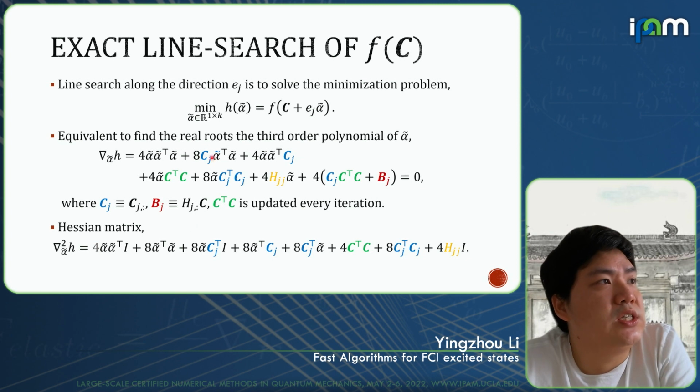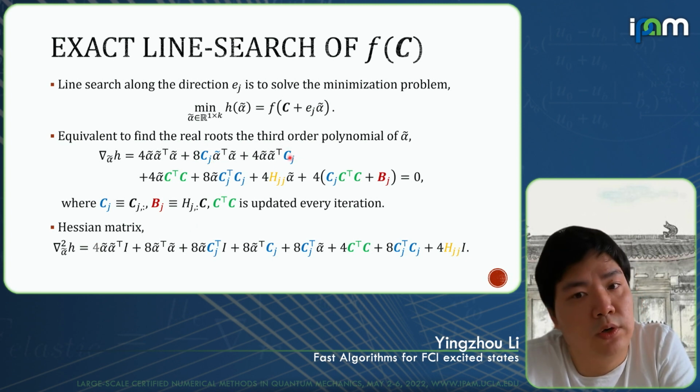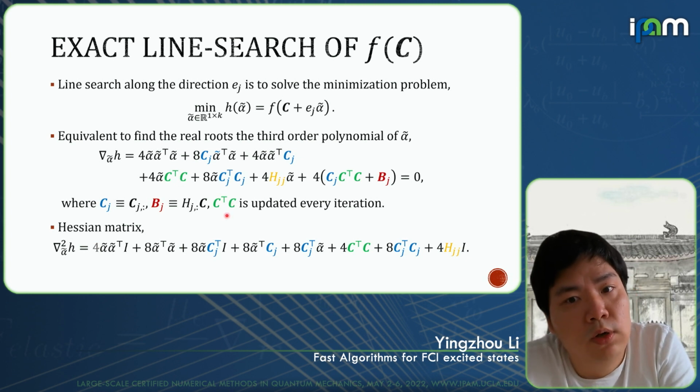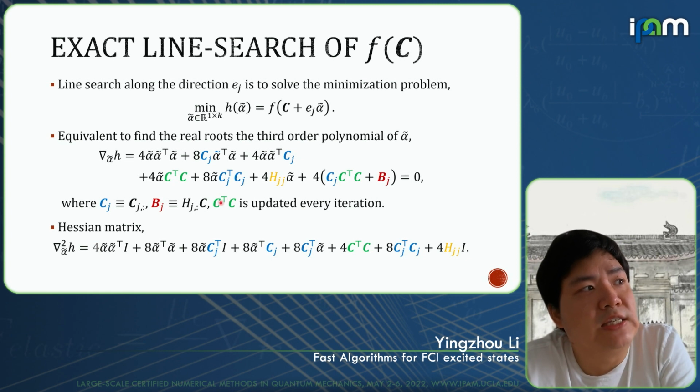So this is Cj, just the jth row of the vector, and this is C transpose C. We didn't calculate it online, but we just updated this quantity. So this quantity is stored as a whole, and we gradually update this value. And this Cj transpose Cj can be evaluated. This is just the diagonal of the Hamiltonian, and this is nothing but putting three terms together.